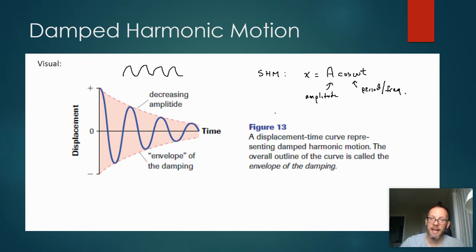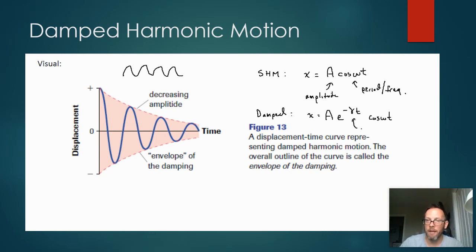In the case of damped simple harmonic motion, it looks similar. You have an initial amplitude, and you still have that periodic motion, but to account for the decreasing amplitude, you'd have some kind of decaying exponential function. And so if you don't know what this means, that's okay. It might be a bit above the last math course you did.